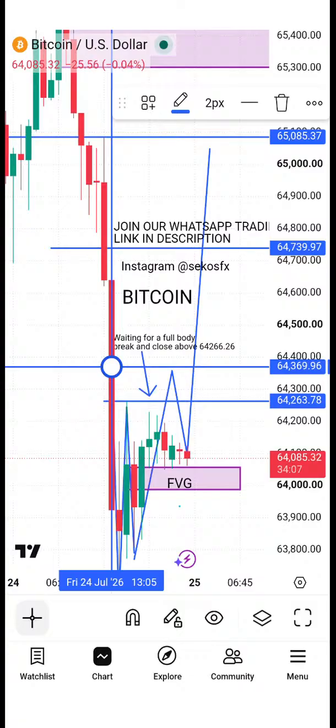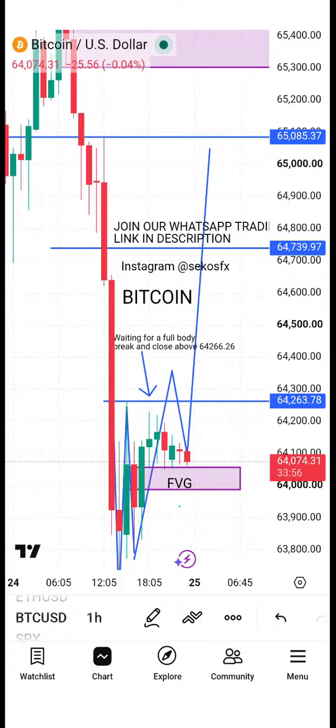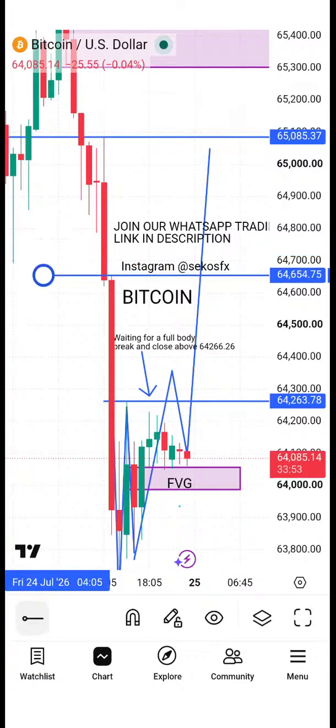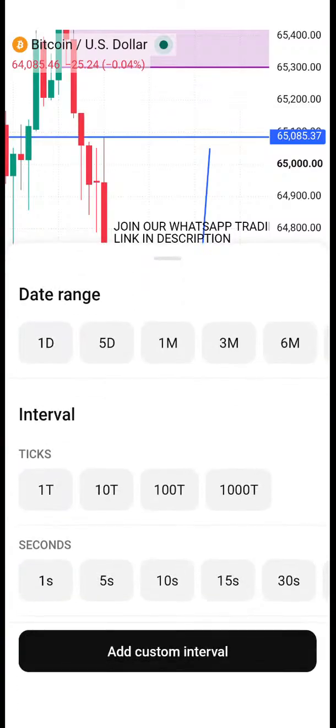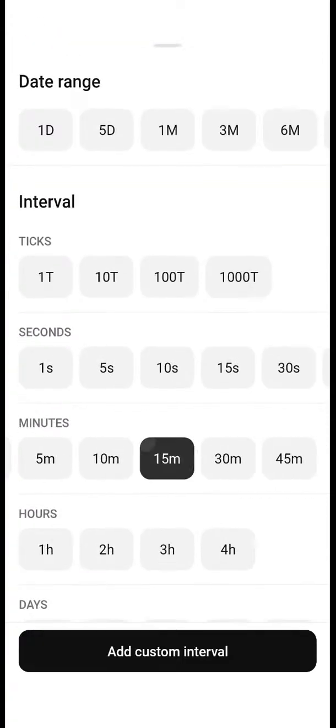I see now which candle you're talking about. I see the candles that you're talking about.